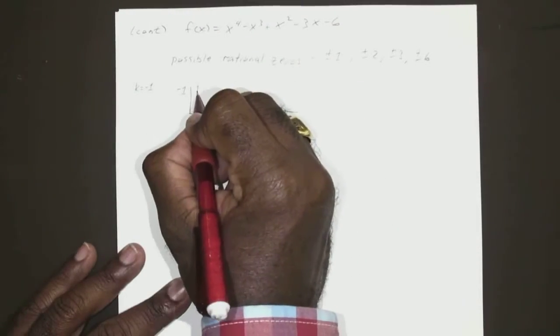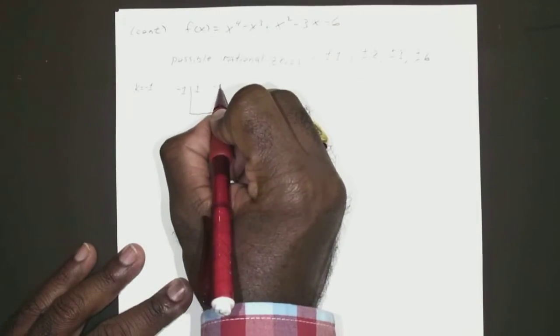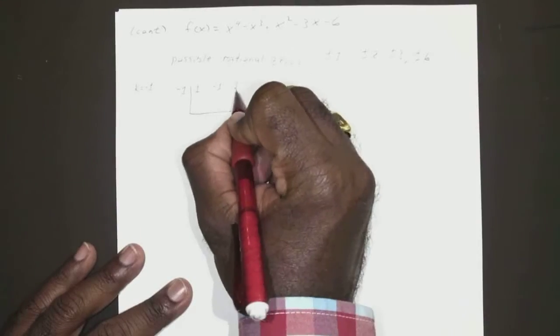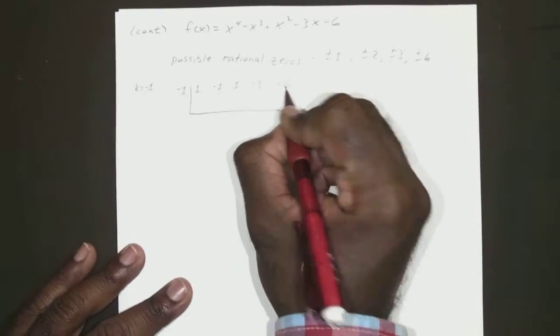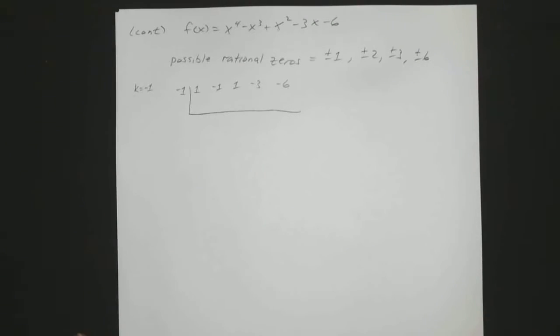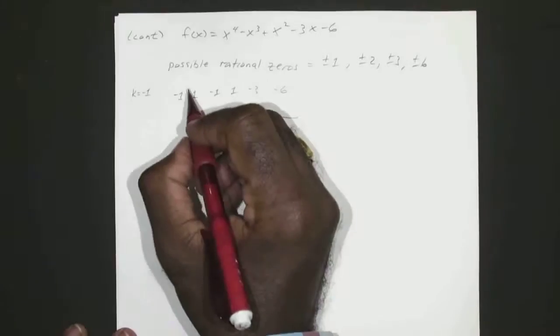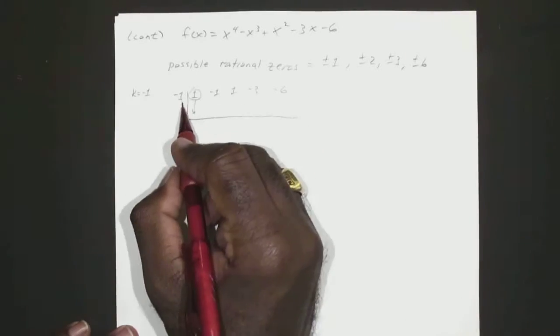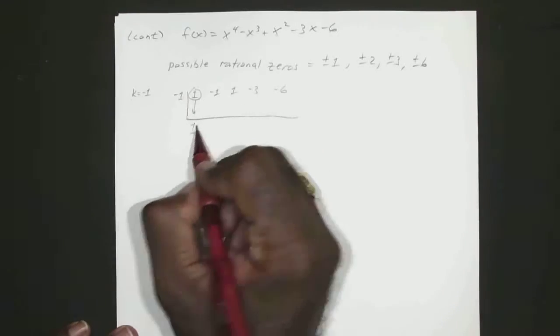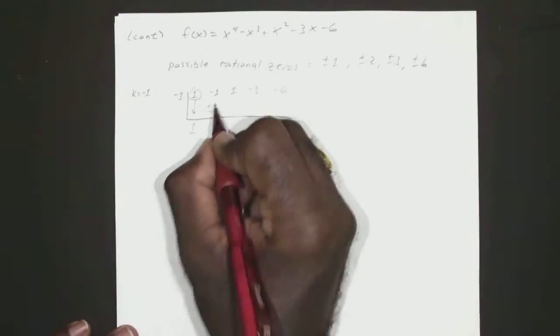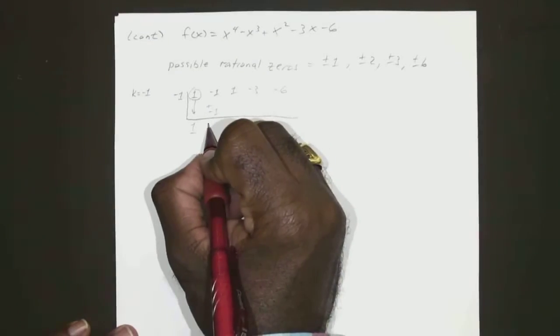So you have 1, -1, 1, -3, and -6. We bring down our 1. -1 times 1 is -1. Add them together. You get -2.